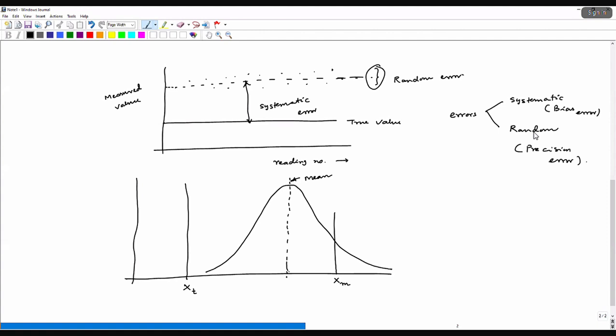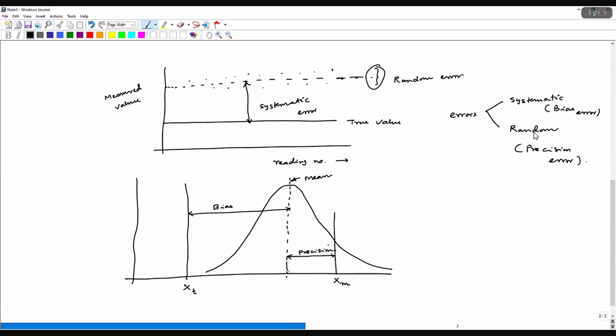So the difference between the mean and the true value is known as the bias error or systematic error. And the deviation of that particular data point from the mean is known as the precision error or random error.